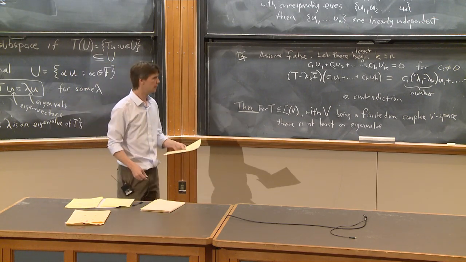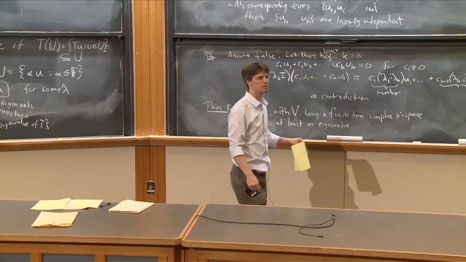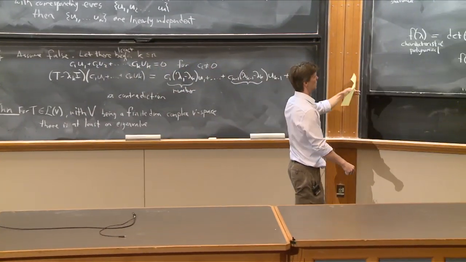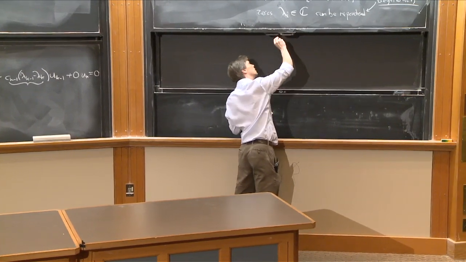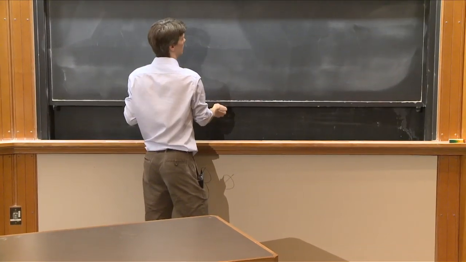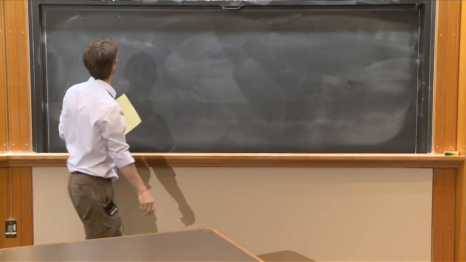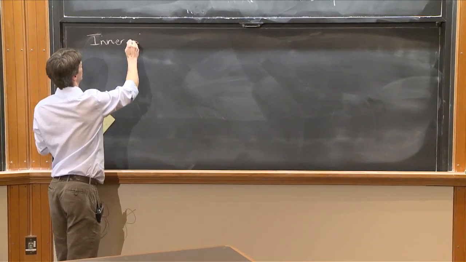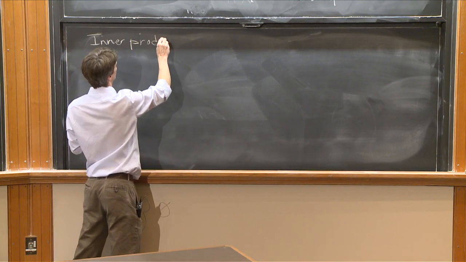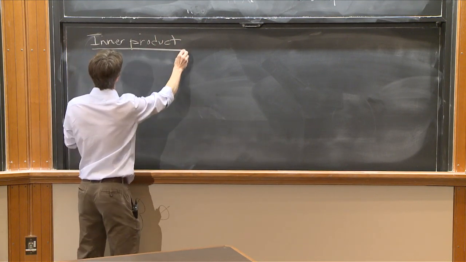No? Okay. So let's move on, and we can talk about inner products. And so first, what is an inner product? So an inner product is a map, but it's a very specific map.